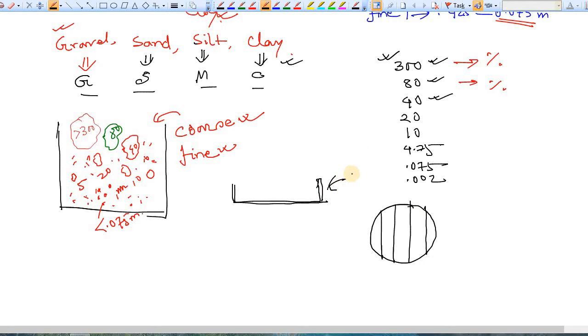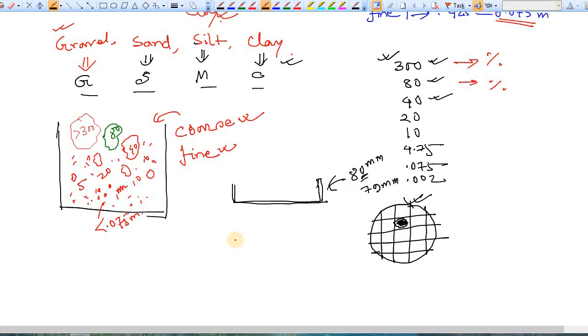Let's say this is your 80 mm sieve. I'm just taking it arbitrarily. The opening will be large, so large that a particle less than 80 mm, say a 79 mm particle, will pass through this opening. That's why this sieve is designed.